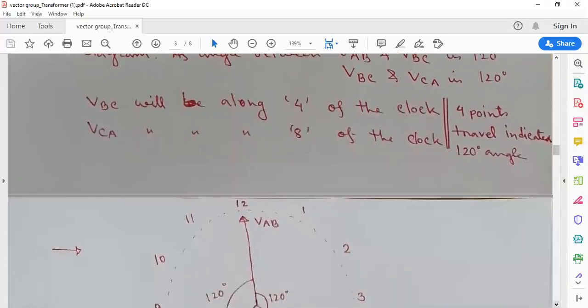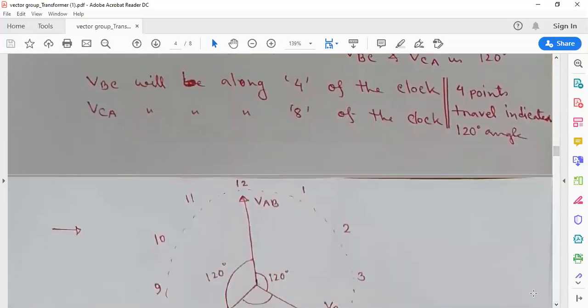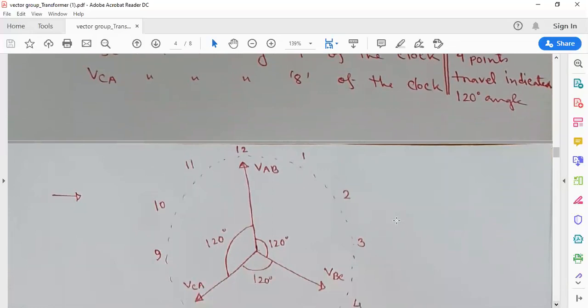We have traveled 120 degrees from 12. VAB is along this direction, VBC, another line to line voltage of the high voltage side, is along this direction, and VCA is along this direction. All are line to line voltages of the high voltage side.